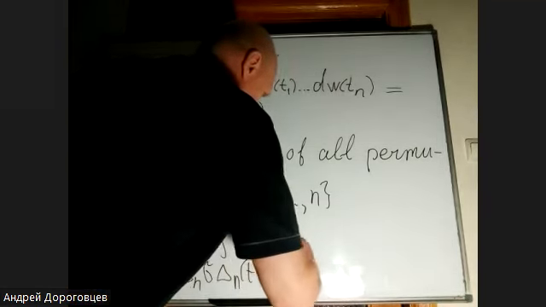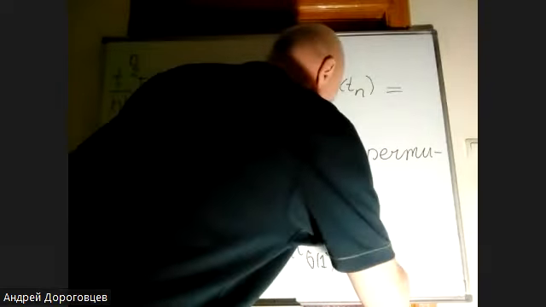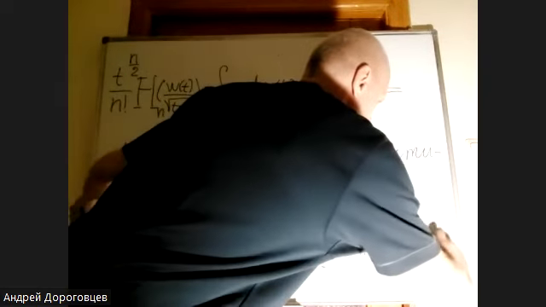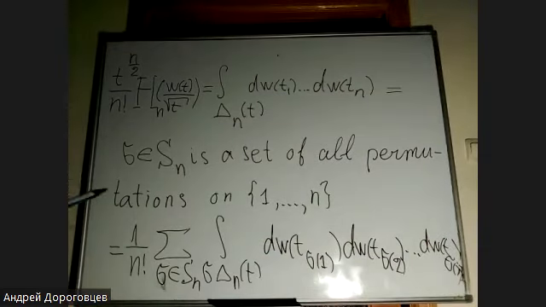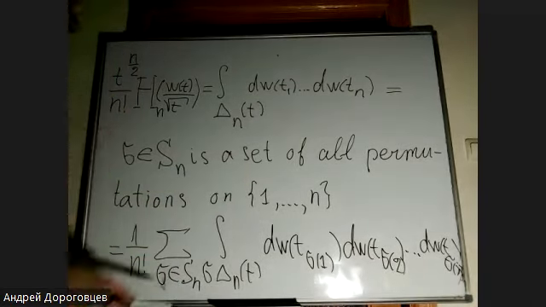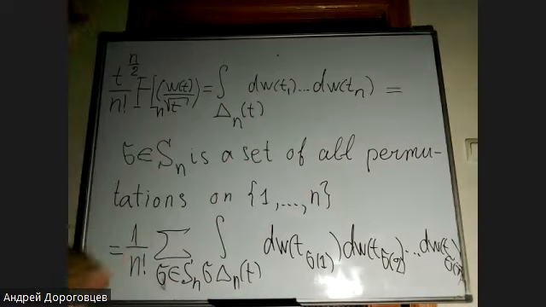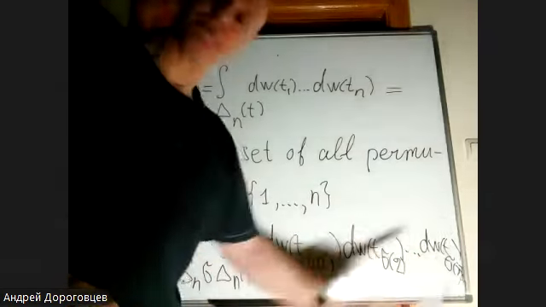Now I will write dW_{t sigma 1}, which will be the smallest coordinate, dW_{t sigma 2}, and so on, dW_{t sigma n}. So there are n factorial possibilities to order indices, and I defined for any special ordering of indices a simplex where the ordering of indices is transferred to the ordering of the coordinates t sigma 1, t sigma 2, and so on. So this is the smallest one, this is just bigger than this, and so on.